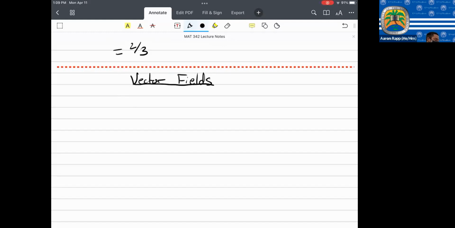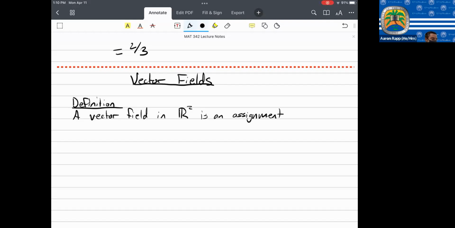So what is a vector field? Let's first get the definition. So a vector field in R2, so in 2 dimensions, is an assignment of a 2-dimensional vector, which we're going to do as a capital F. We're going to put that little half arrow notation above it to denote that it is a vector.